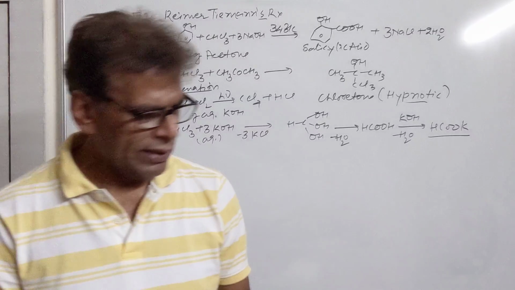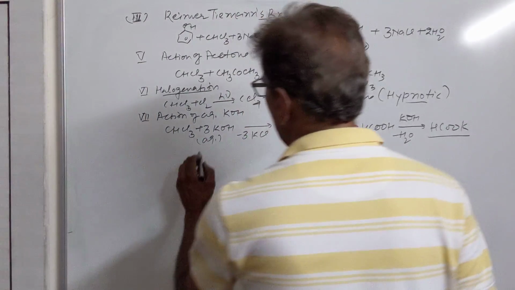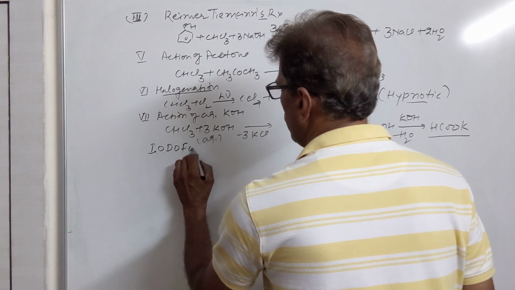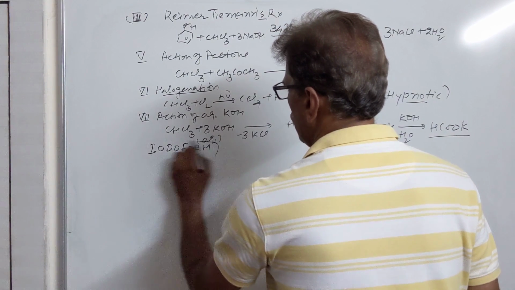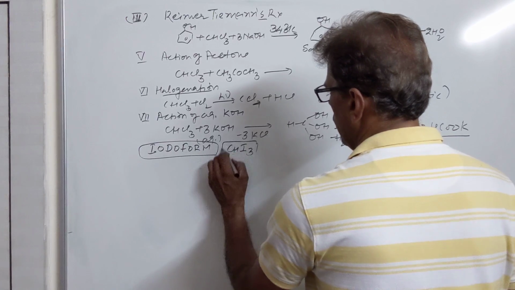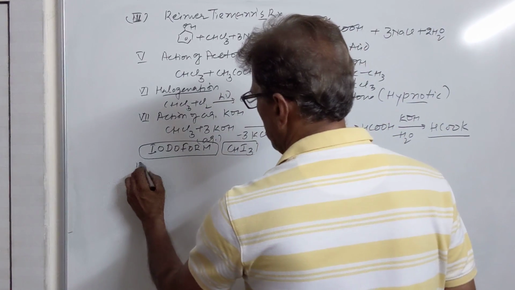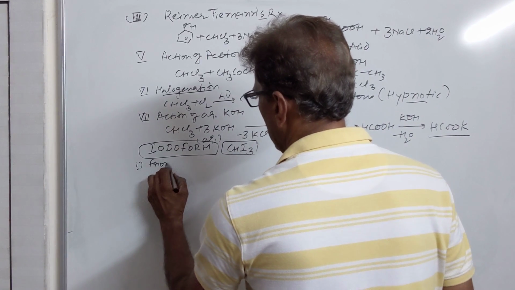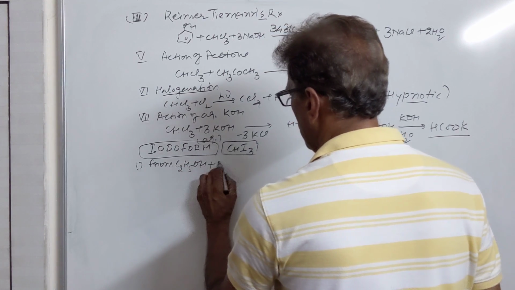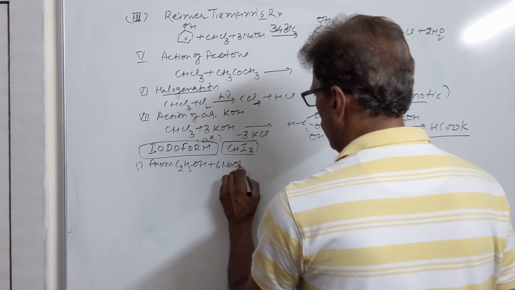Then the next interrelated compound is iodoform. Iodoform has similar preparations and similar properties to those of chloroform. So it can be prepared from ethyl alcohol as well as from acetone.